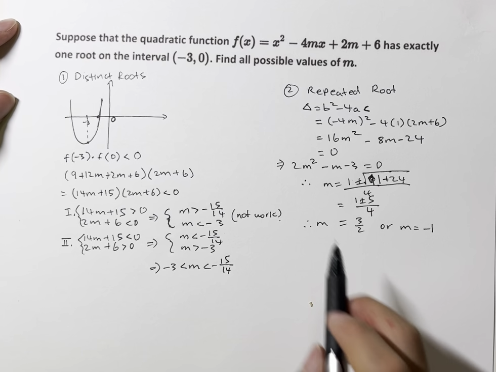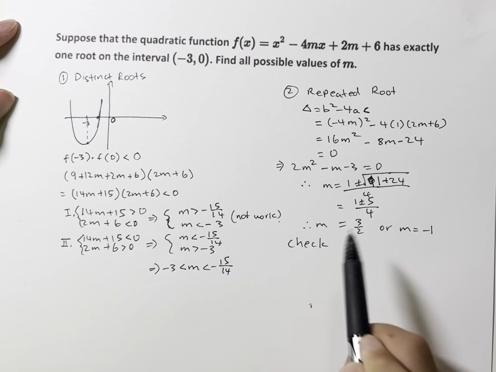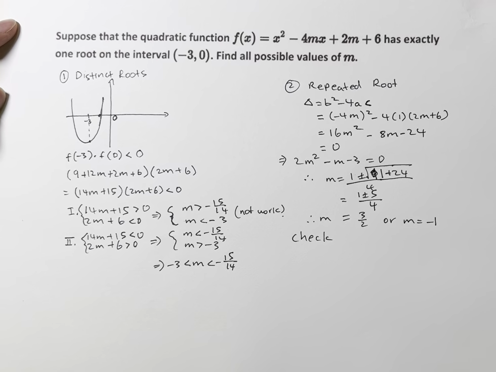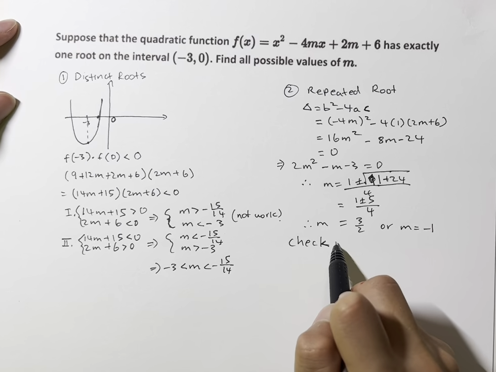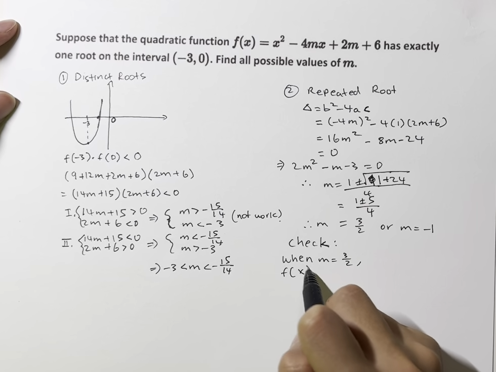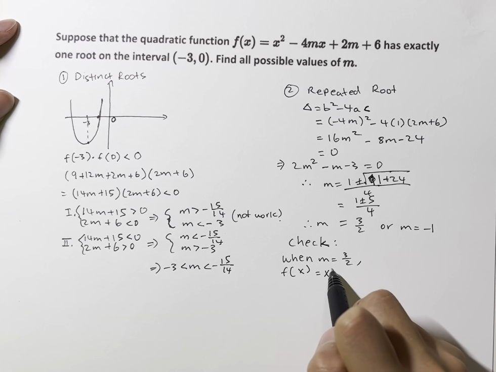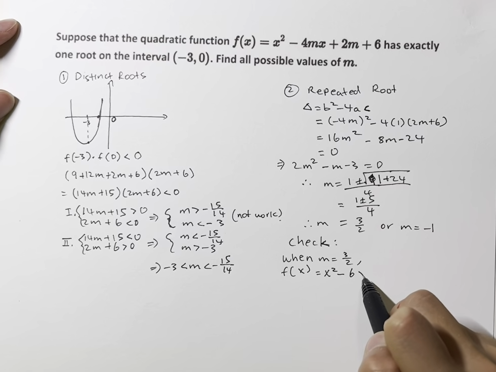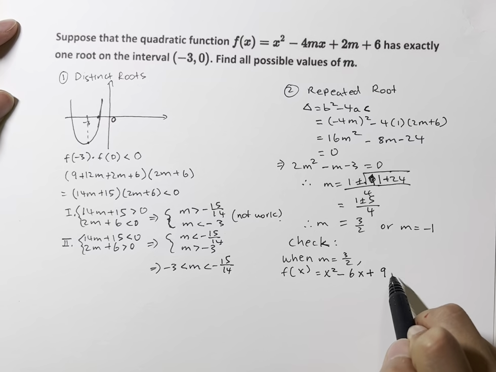Then we check. When m equals 3/2, f(x) equals x squared minus 6x plus 9.